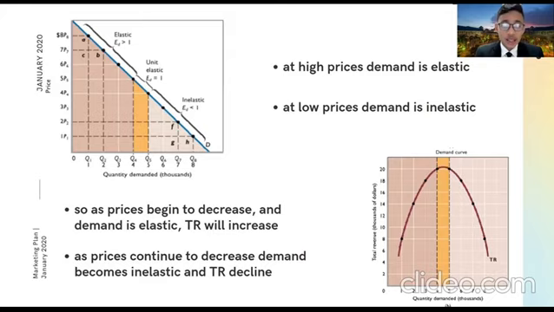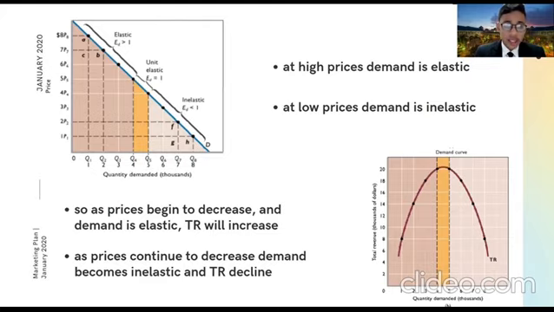Next, in the unit elastic range, regardless of the change in price, either from $4,000 to $5,000 or vice versa, the total revenue remains unchanged at $20,000.